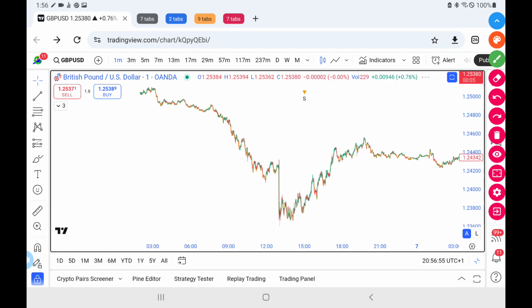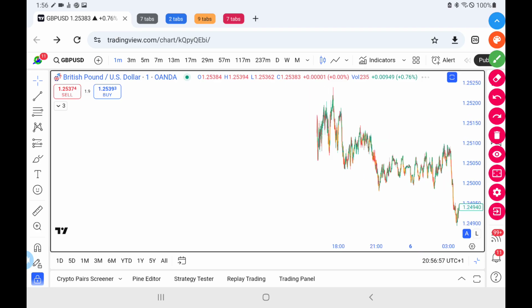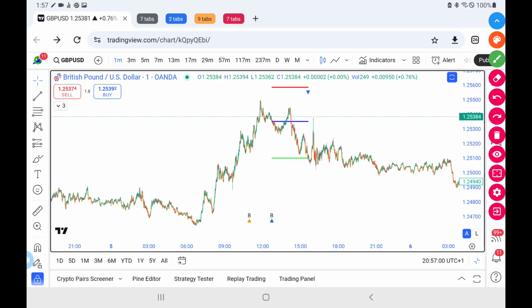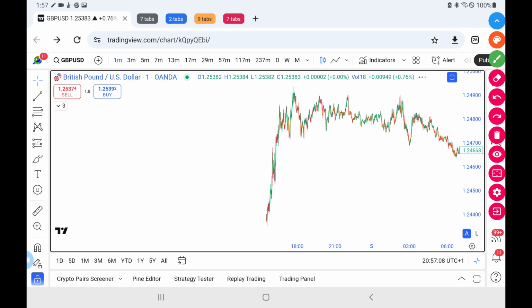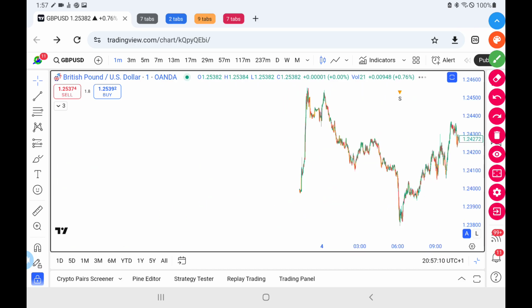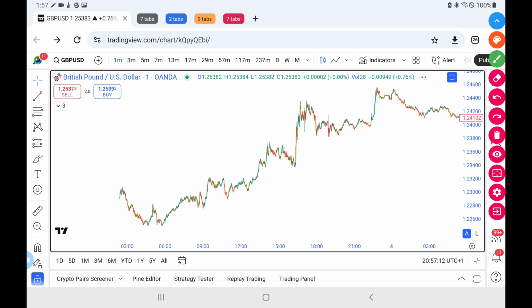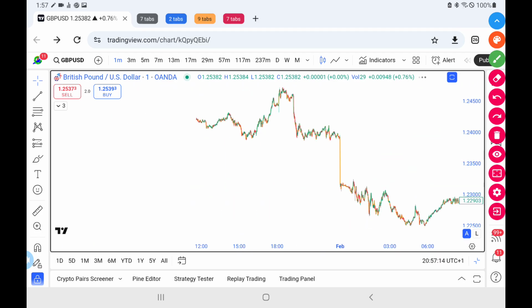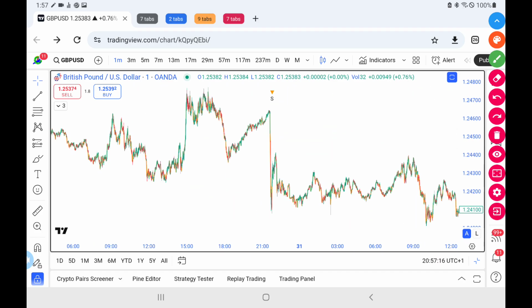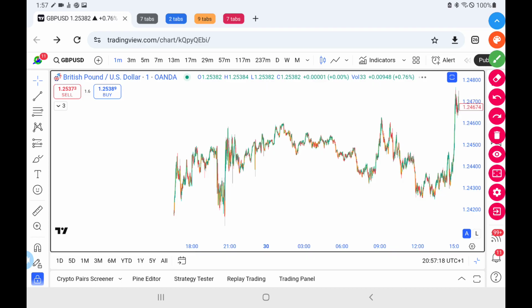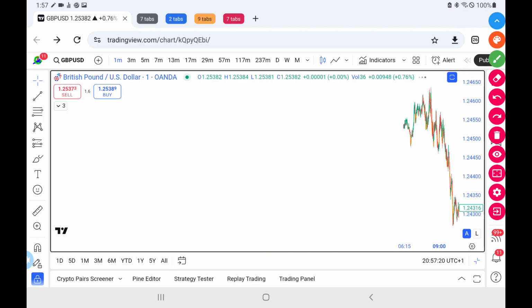So let's go through and see if we can find another trade, which we do, and again, very short amount of time. So that tends to be a pattern when you're adding range filter to this trading combination. But it does slow down the number of trades that you are going to take.